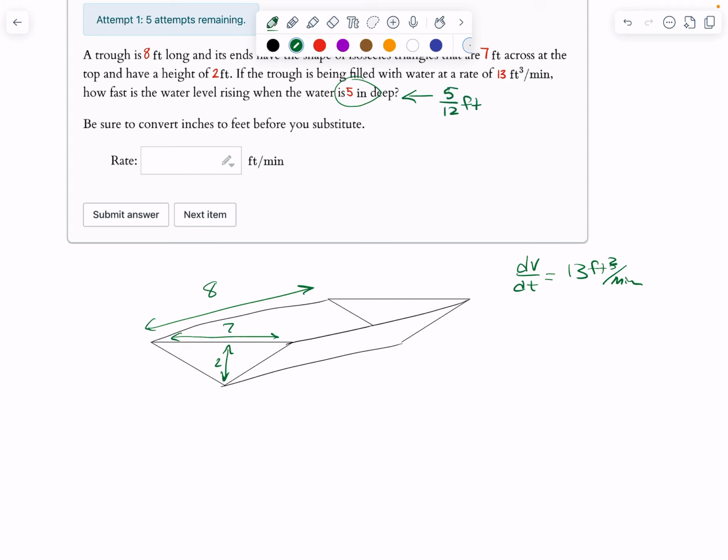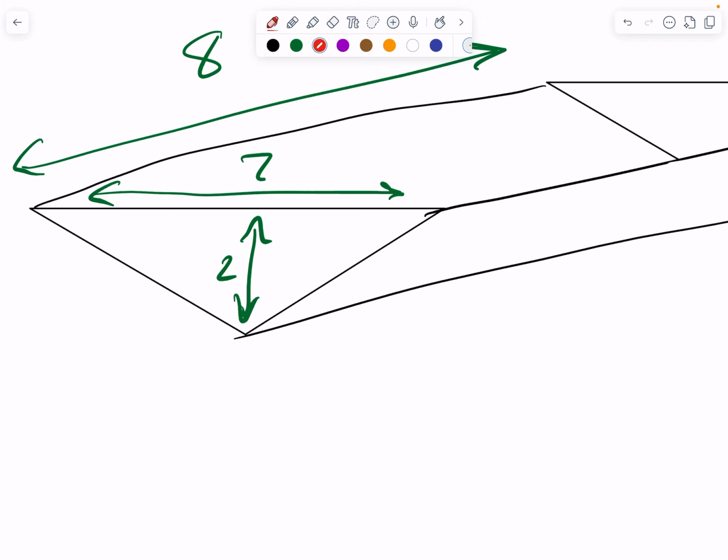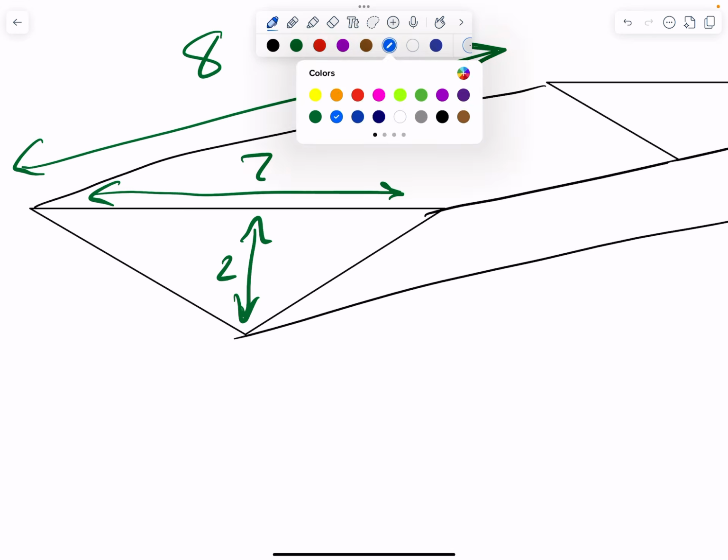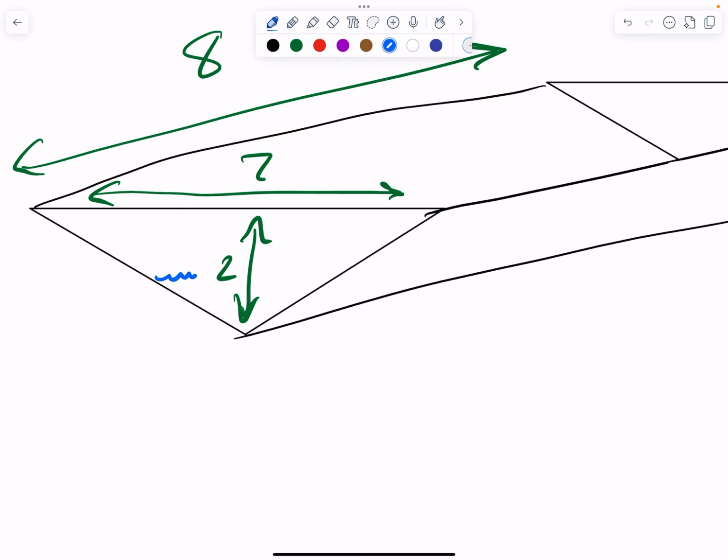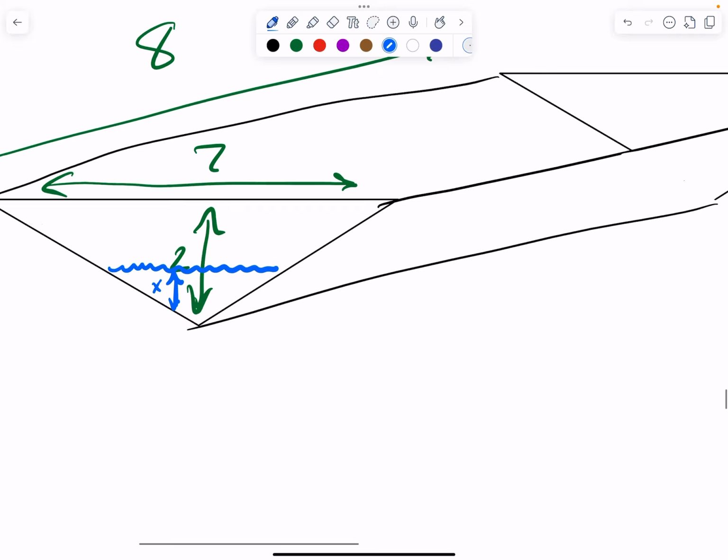That's annoying. Okay, but that's okay. So what I'm going to do here is focus on this end of the trough, and I should use blue for water. There, that looks better. So we have our water level, and this distance is going to be the thing that is changing. We're going to call that x.